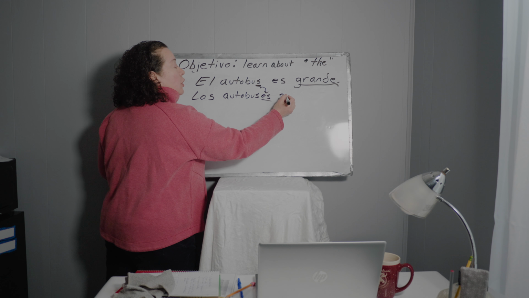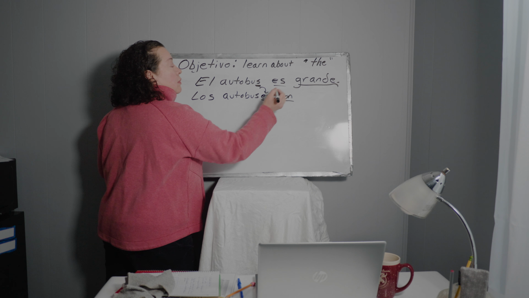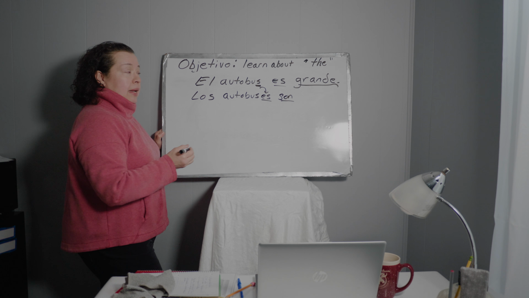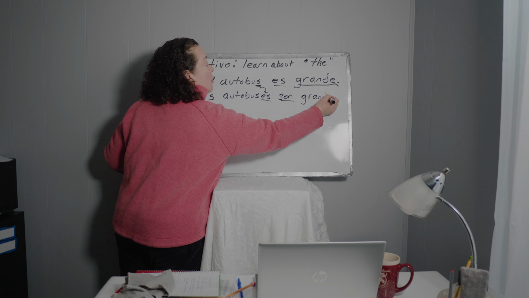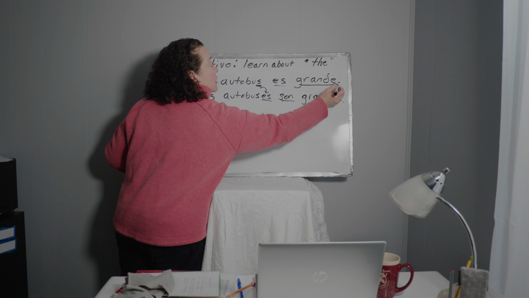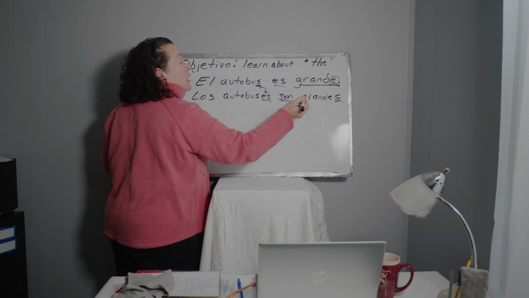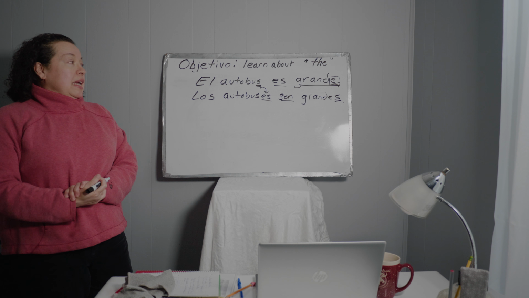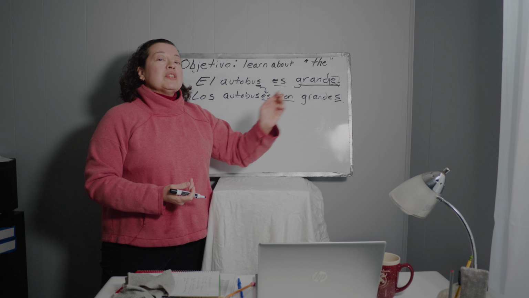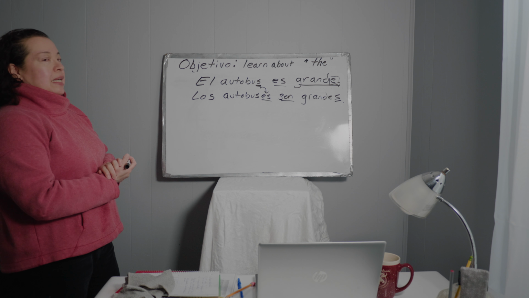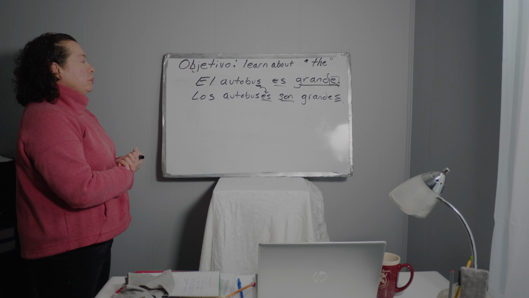Es becomes son. And grande, as you know, becomes grandes. Why? Because this one ends in E, which is a vowel, and whenever you have a vowel ending, you just add an S so that it's easy to pronounce.